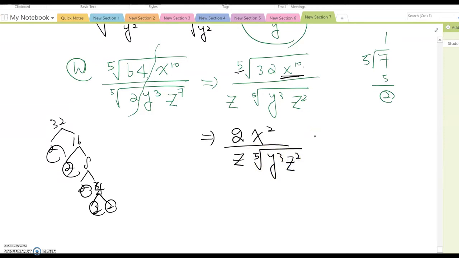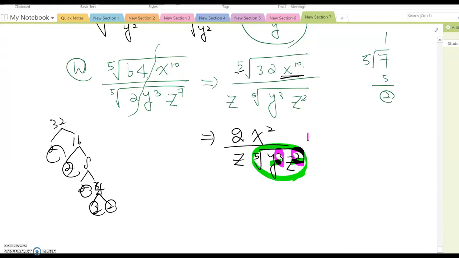Now please look really carefully from here. As I told you at the beginning of this video, we don't want to write irrational form on the denominator, which means we need to make this a rational form. But in order to make a rational form, we need the fifth power of y and z. As you know, we have only 3 y's and 2 z's, right?